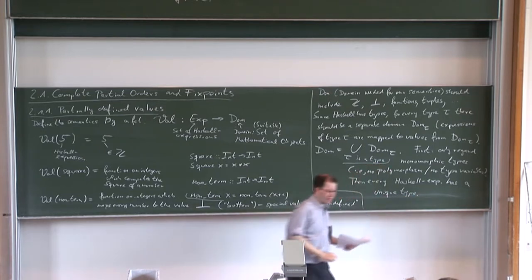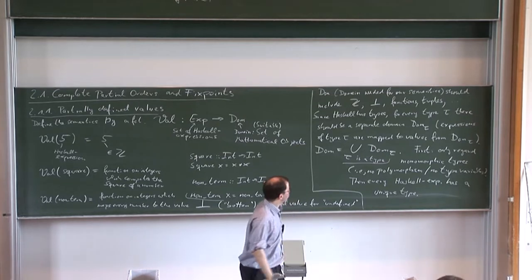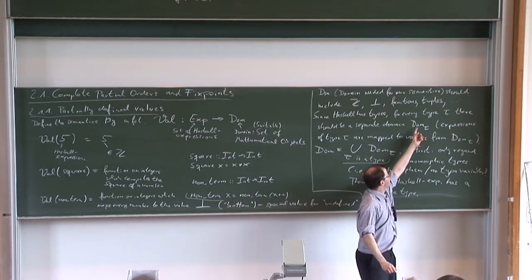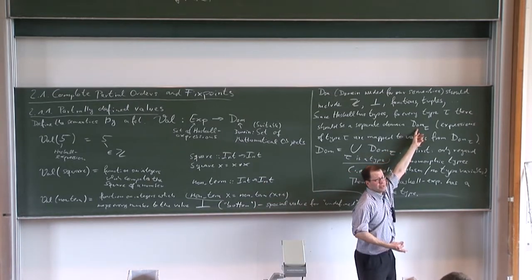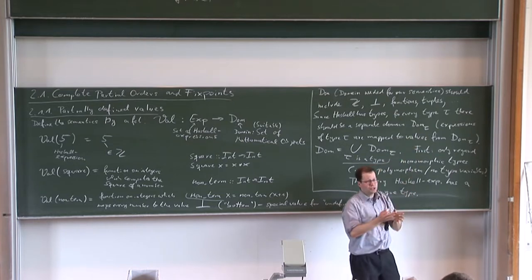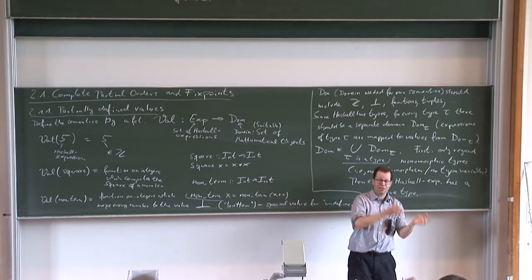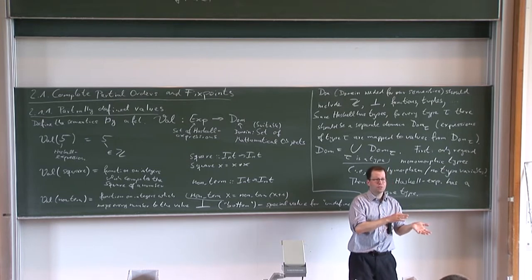Okay, and for every type tau, we now define a corresponding domain, dom tau. And then expressions of type tau are mapped to mathematical objects from this domain, dom tau.